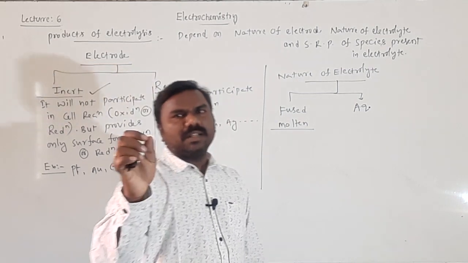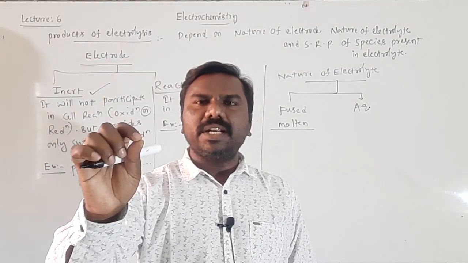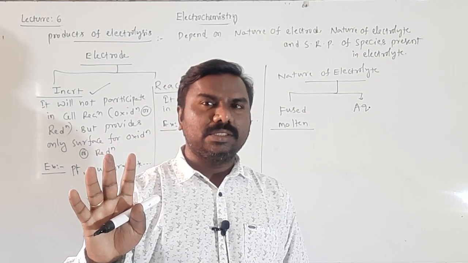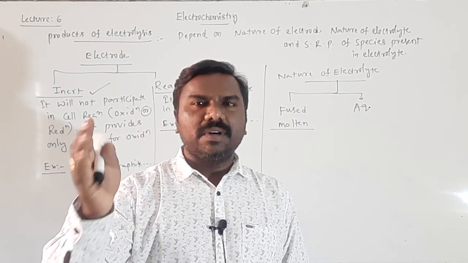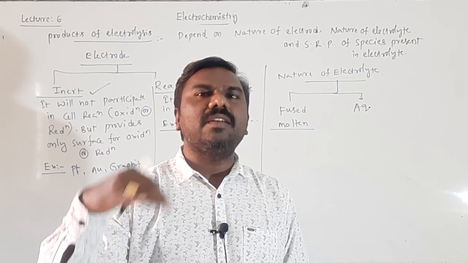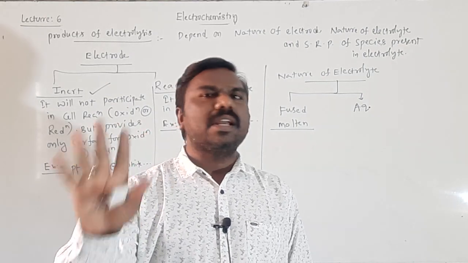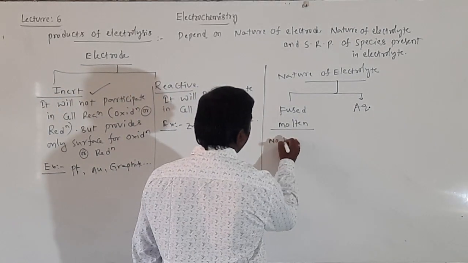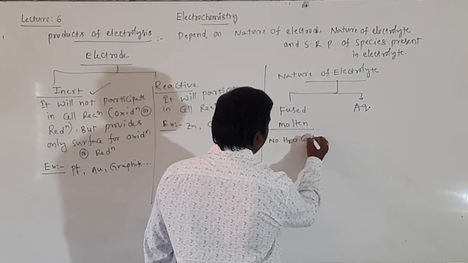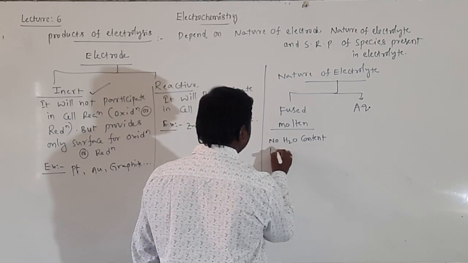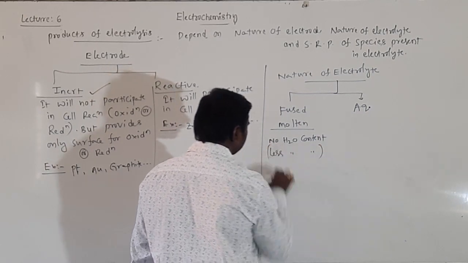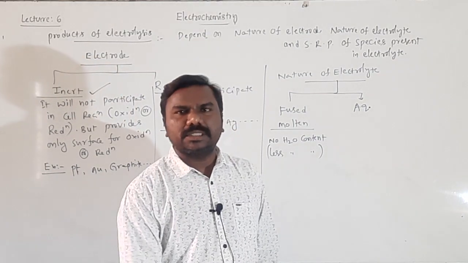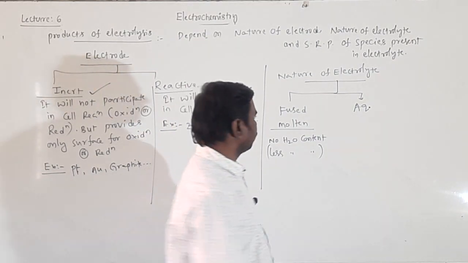When you heat a metal compound it becomes liquid, but there is no water content. Don't imagine there is water present. It melts by itself and becomes a liquid, with no water content, or very little. It means water will not participate in the cell reaction, whether oxidation or reduction.